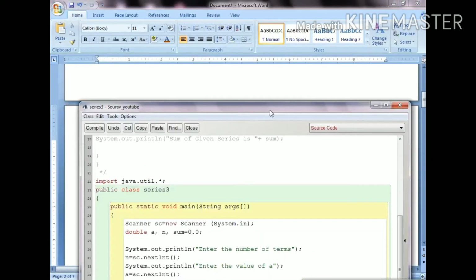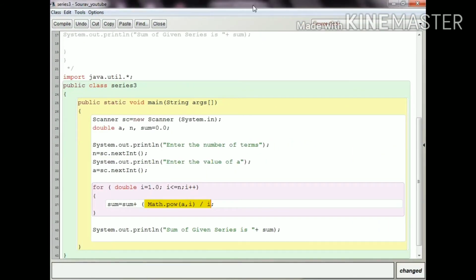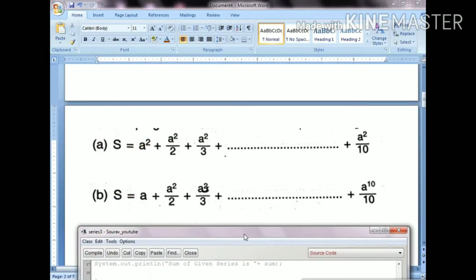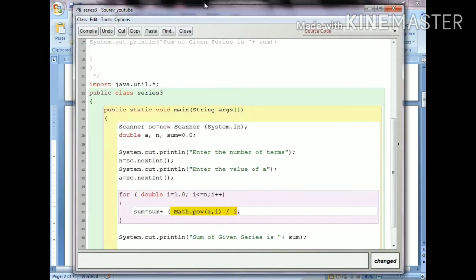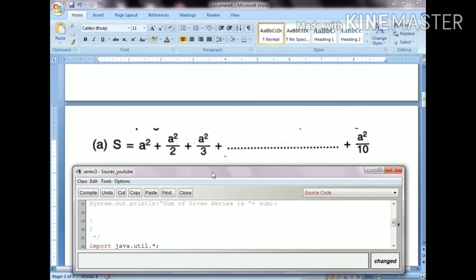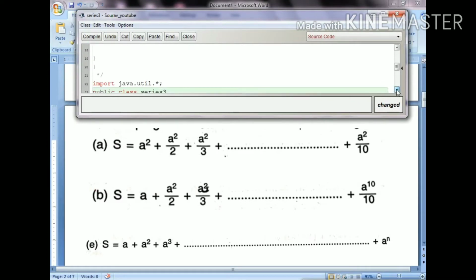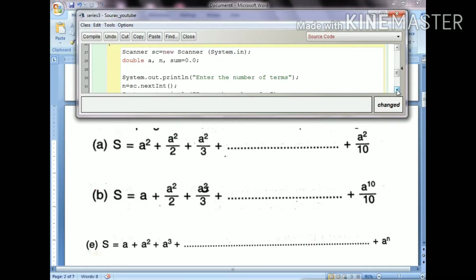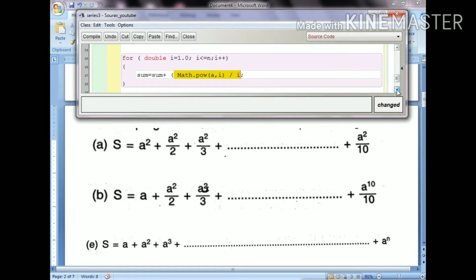So here I just sort the window. Actually it will be easy to explain. Now see, Math.pow a comma I. Here I write Math.pow a comma I. That means in that area, question number B, the a power I by 1 looks like a.